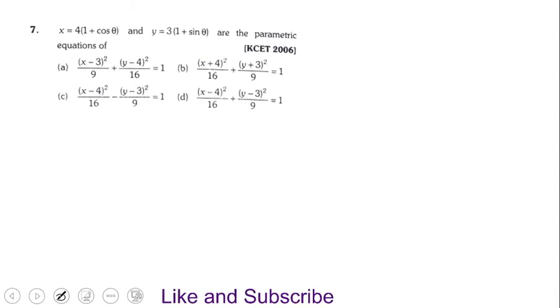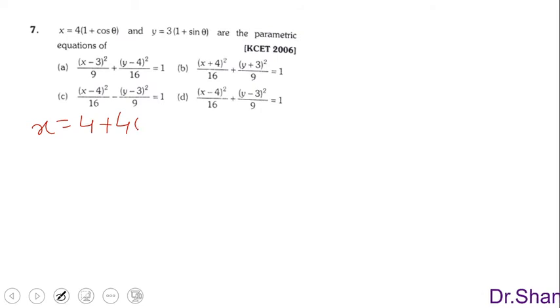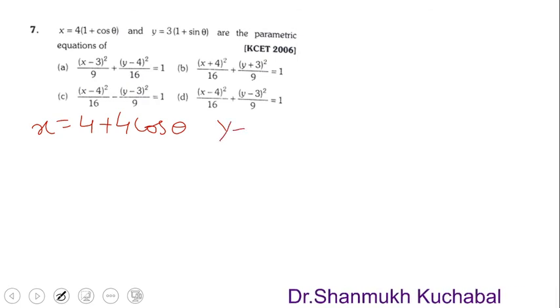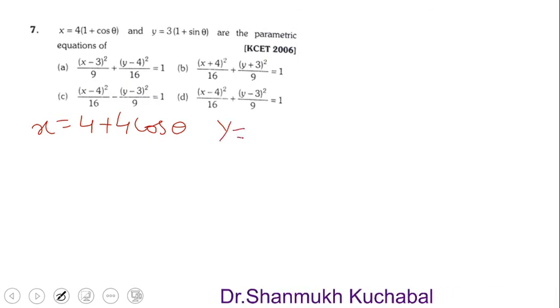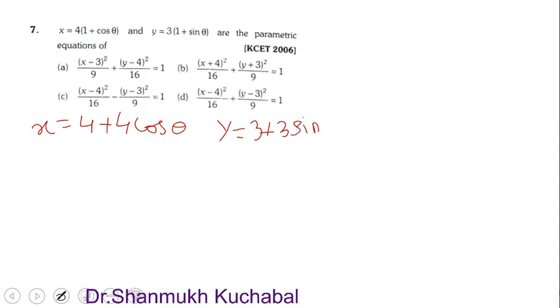So first equation I am going to take here. So x equal to 4 plus 4 cos theta, and second equation y equal to 3 plus 3 sin theta.